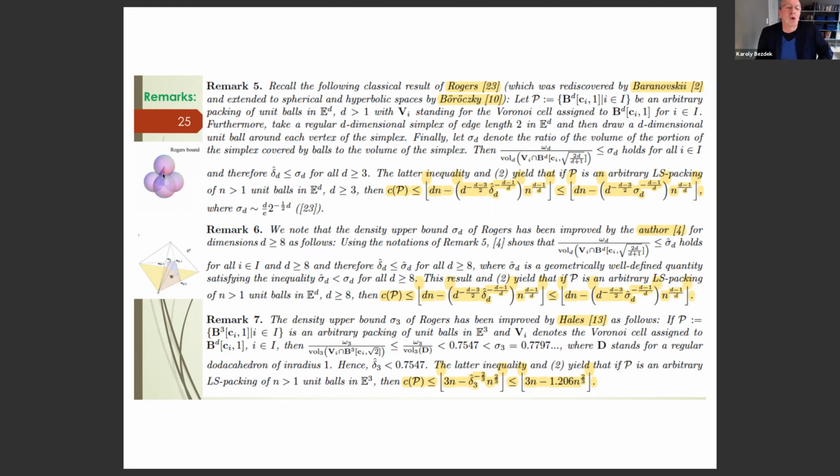That volumetric fraction is an upper bound on the density of unit balls in d-space, and this is usually labeled by sigma sub d. This is Rogers' upper bound.